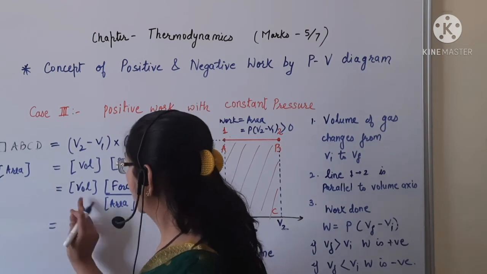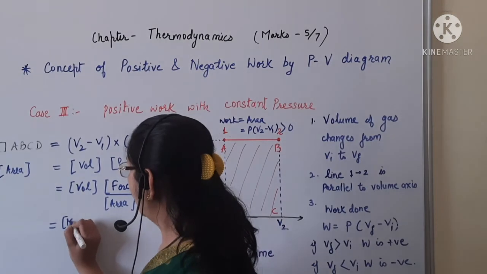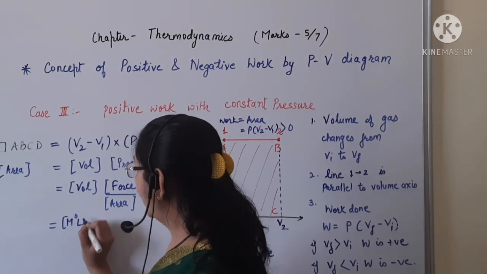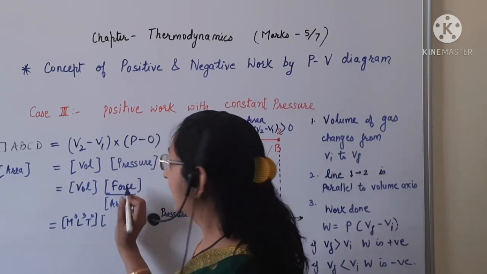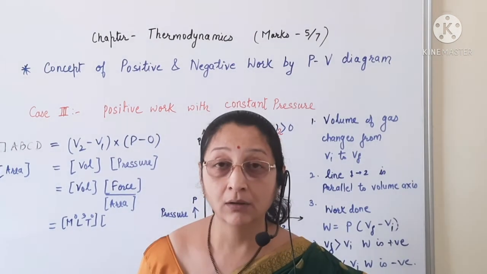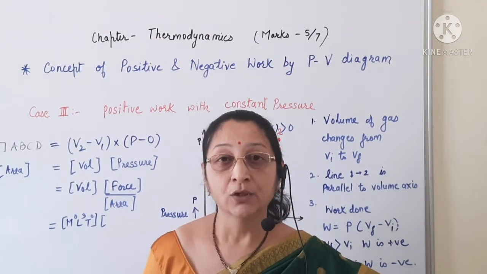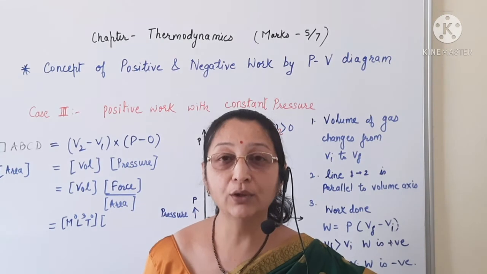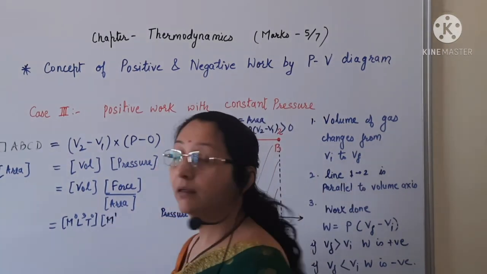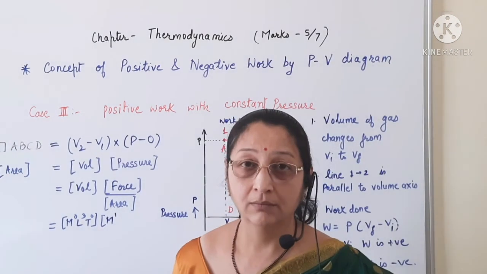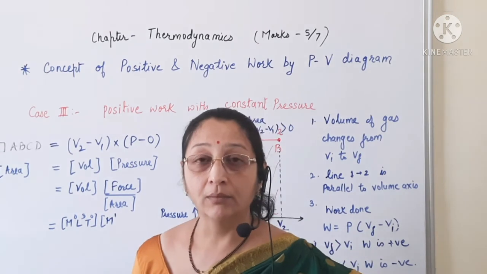The dimension of volume is M to the power 0, L to the power 3, T to the power 0. The force, whose unit is the Newton, has the basic unit kg meter per second square, so it is M to the power 1.